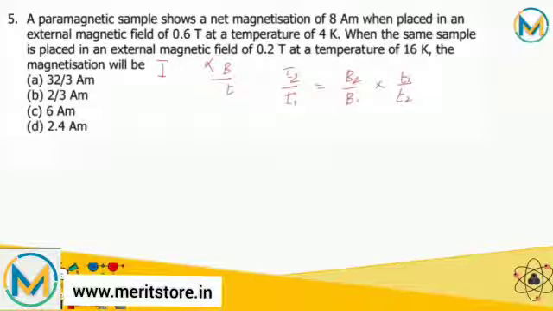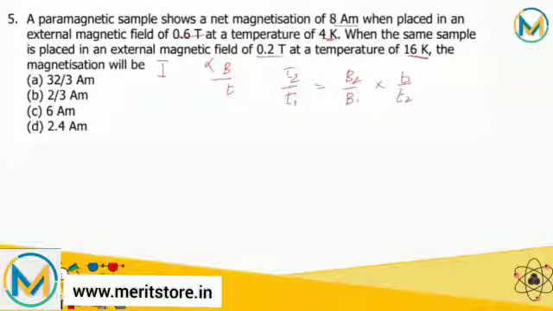Let's suppose here I1 is equal to 8, this is given. Then B1 is 0.6 Tesla, T1 is 4 Kelvin. Then B2 is 0.2 Tesla, T2 is 16 Kelvin, and I2 is what we are supposed to find out.